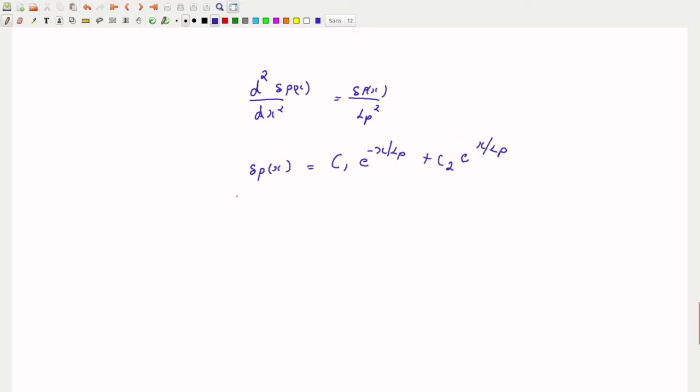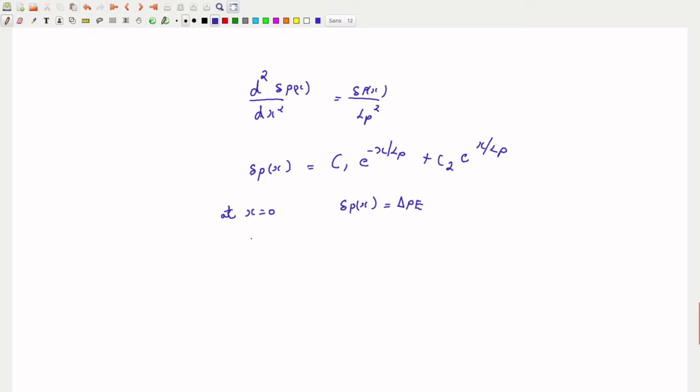Now applying the boundary conditions at x is equal to 0. Remember the diagram. Then delta Px will be equal to delta Pe. Why? Because it is the edge of the emitter base junction.